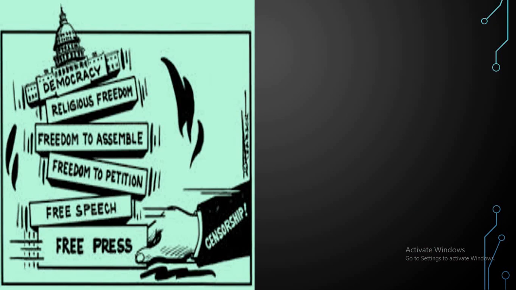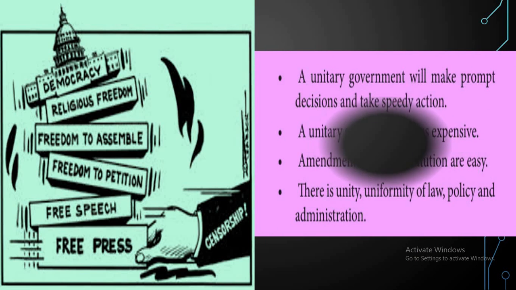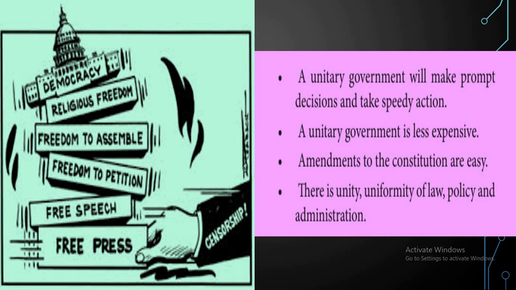Okay, now we'll see the unitary and federal government. The unitary will have prompt decision making and speedy action with the members. But the federal will not have such a work. So it would be weaker and the government is more expensive.